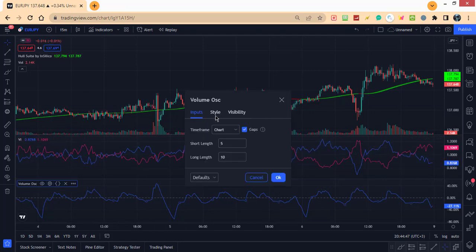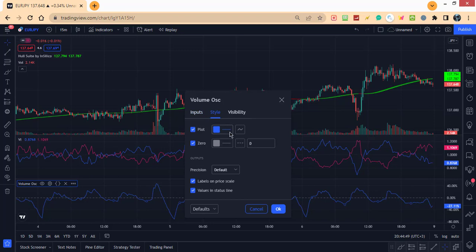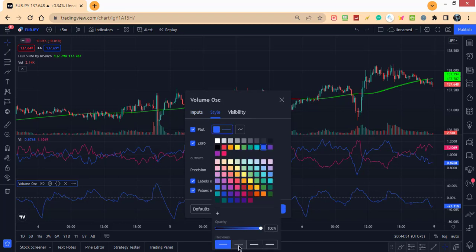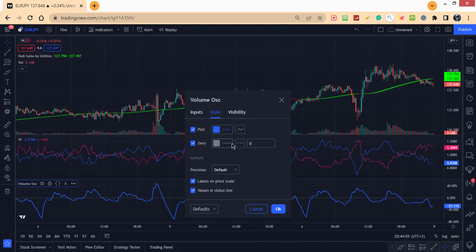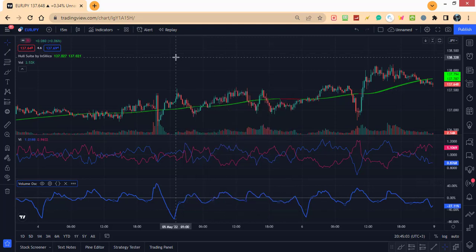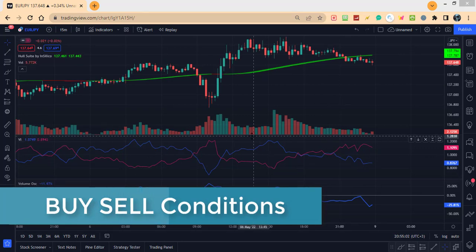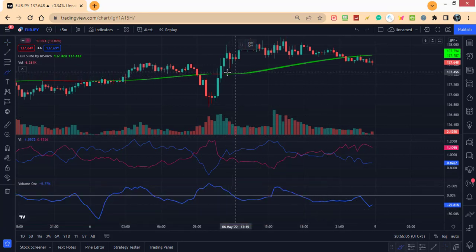And for the volume oscillator, we will only increase the opacity, so we can see things clearly when it jumps above the zero line, which tells us to enter into the trade, which I will explain. So that's it. So viewers, let's jump to our buying and selling setup.